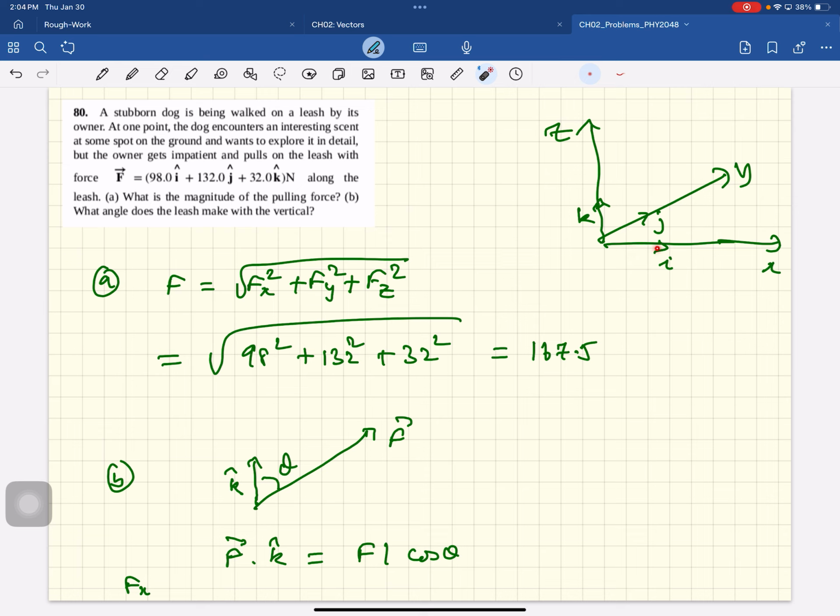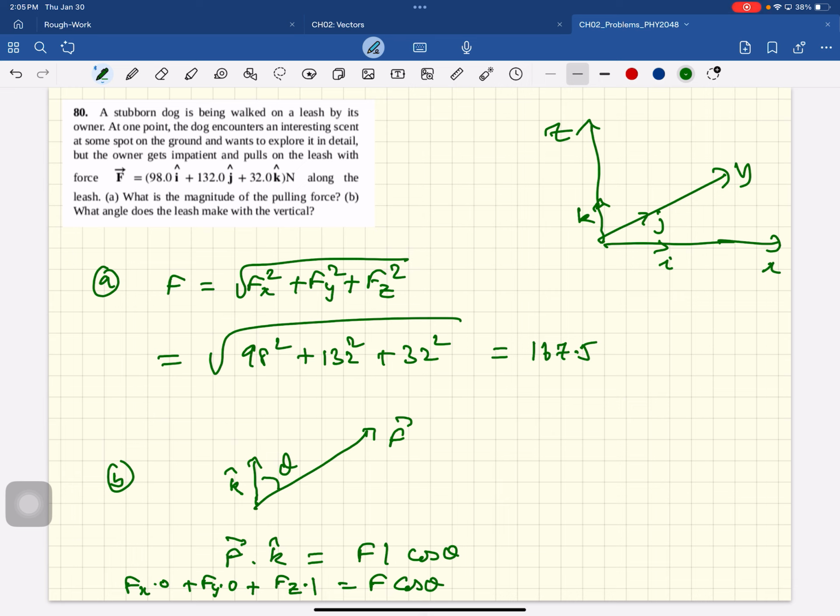It does not have an x component or a y component. So its x component is 0, plus Fy times 0, plus Fz times 1, equal to F cosine theta.